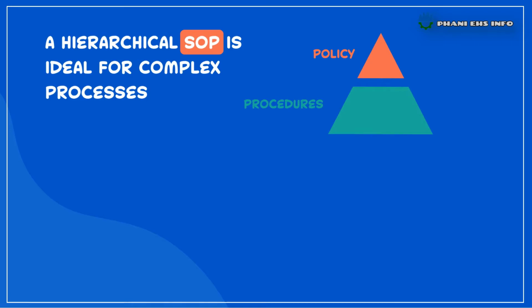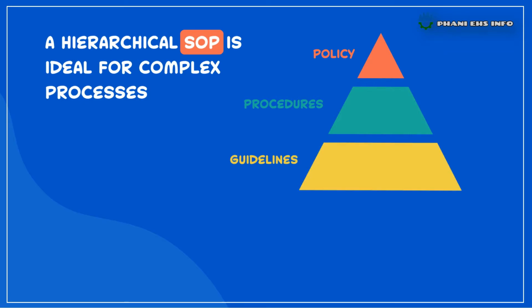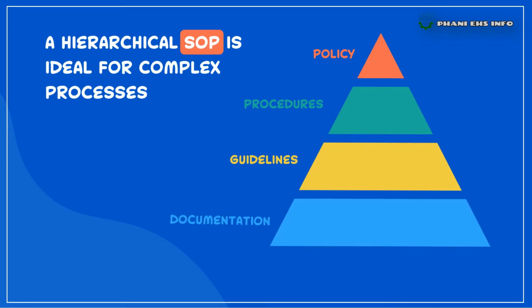Second one, procedures. Outlines the steps to complete a process and the roles for those involved. Third one, guidelines. Provides additional guidance to meet quality standards. And last one, documentation. Establishes a record keeping system to ensure compliance with internal policies and industry regulations.